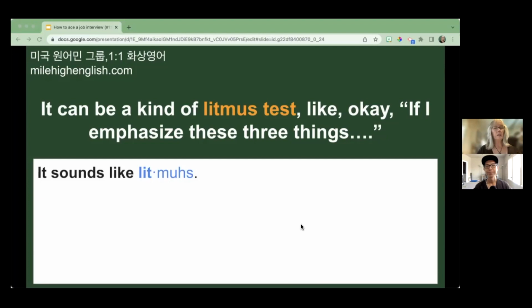Have you heard of a litmus test? I have actually, in elementary school, middle school, I don't know, from the chemistry class, we used litmus paper to test acidity. It's been a long time.